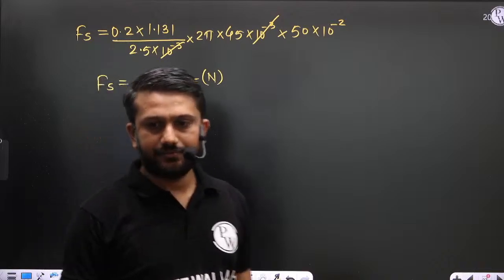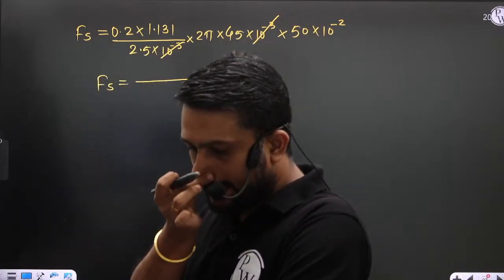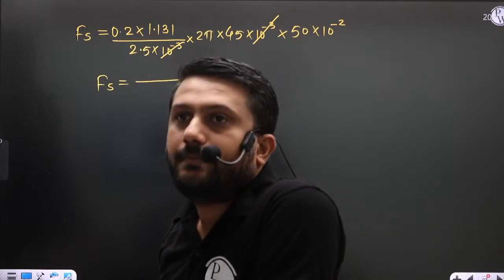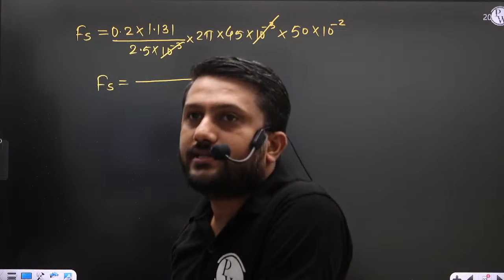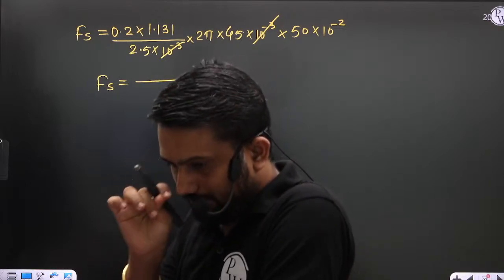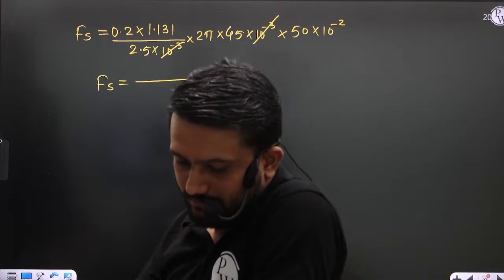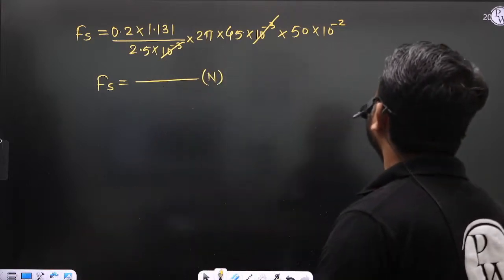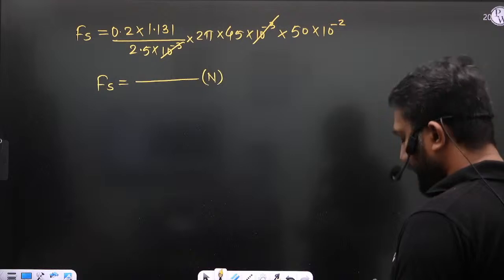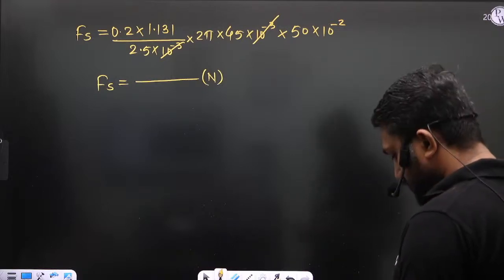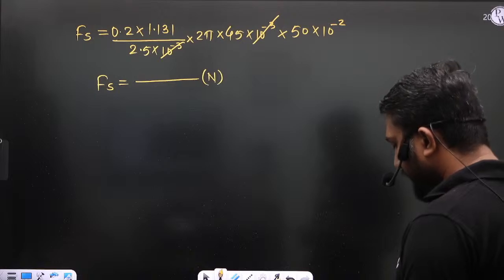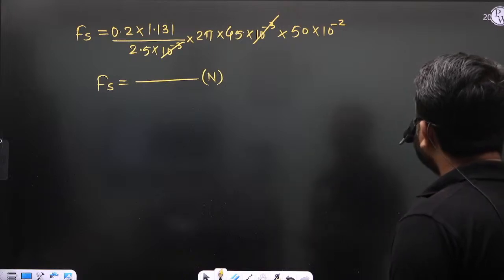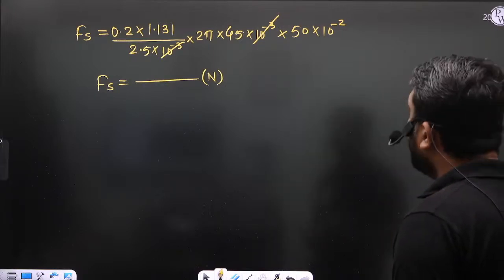Tell me what is the shear force? So 0.2 multiplied by 1.131 into 2 pi into 45 into 0.5 divided by 2.5.